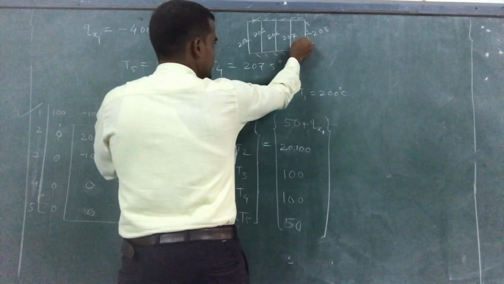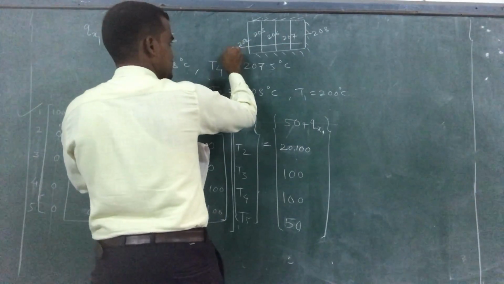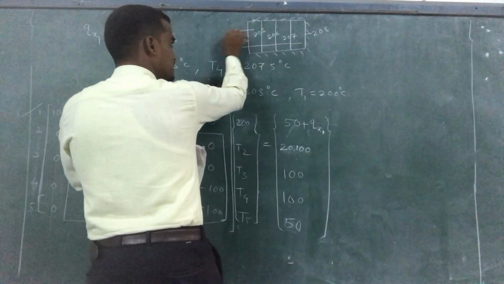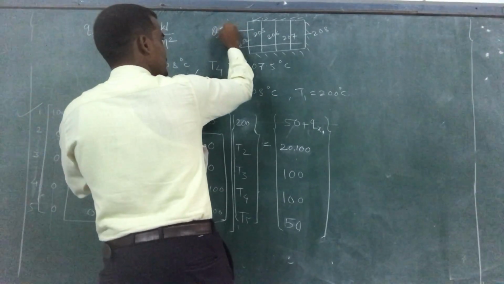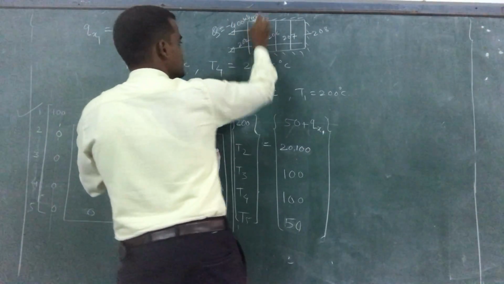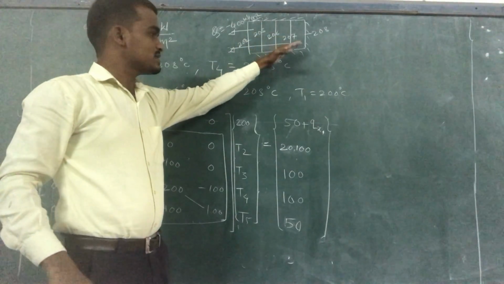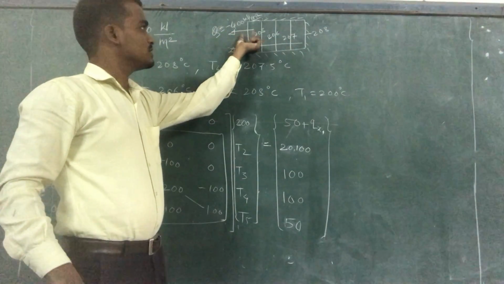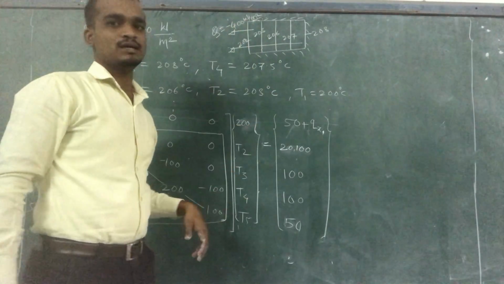It means heat transfer is taking place from RHS to LHS. So there will be heat going outside, and due to this Q will become negative, that is minus 400 watt per meter square. Heat is conducting from RHS to LHS, and it is going outside from this first node, equal to minus 400 watt per meter square.